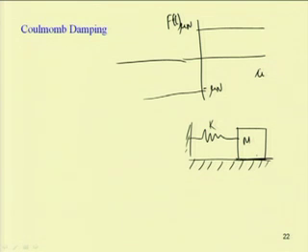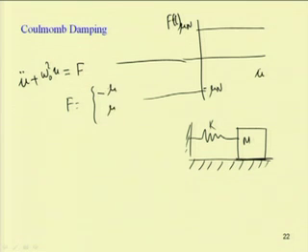So, this equation can be written in this form: u double dot plus omega 0 square u will be equal to this Coulomb damping force F. This F can be written equal to minus mu and plus mu. It will be minus mu because we are substituting this u dot equal to minus a omega 0 sin phi.